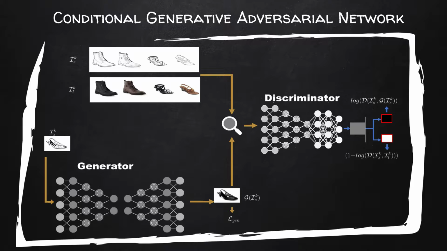As with a classical GAN, it has two main networks, a generator network and a discriminator network. However, the generator is a symmetric network, similar to an autoencoder, which takes an input class condition, for example, a sketch image, as an input and returns a color image of the product as an output. The discriminator is similar to a typical GAN architecture.